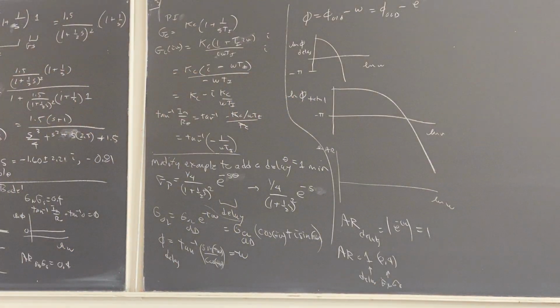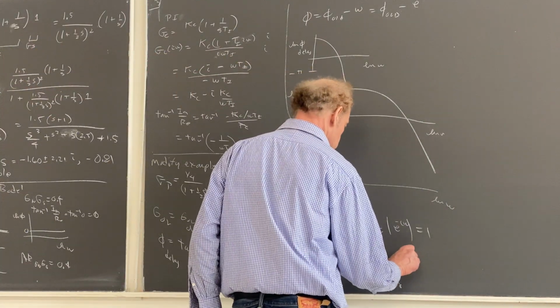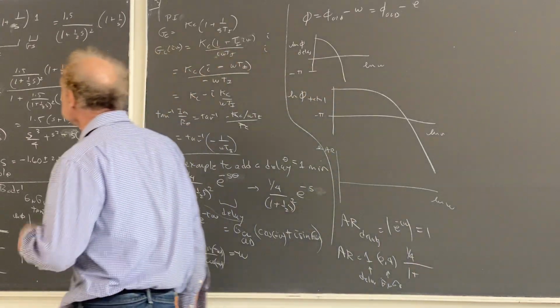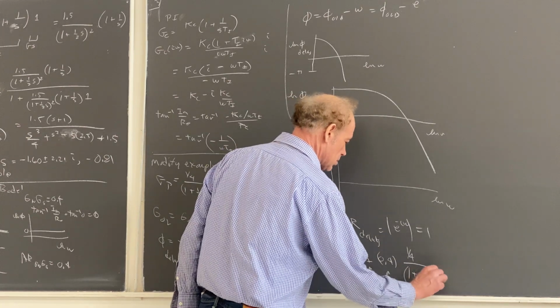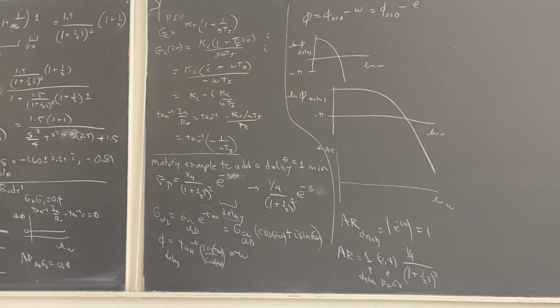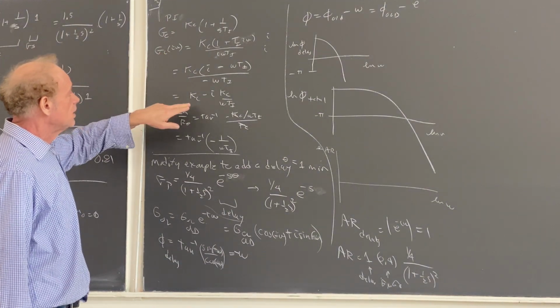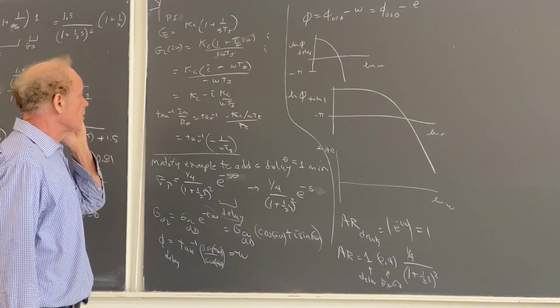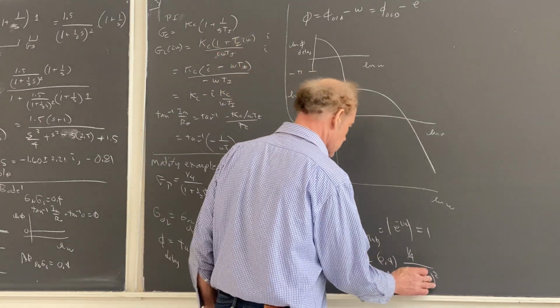And now I've got GC and GP. So for GP, it was KP over 1 plus omega squared T squared. So it's 1/4 over 1 plus a half S quantity squared. And for GC, I didn't bother calculating it, it's the magnitude of this guy. So it's the square root of this squared plus this squared. And this is I omega.